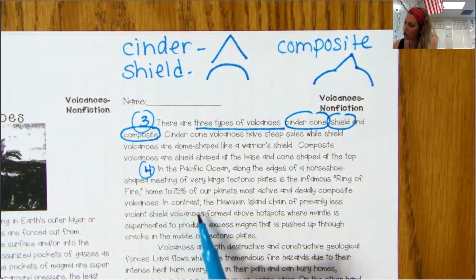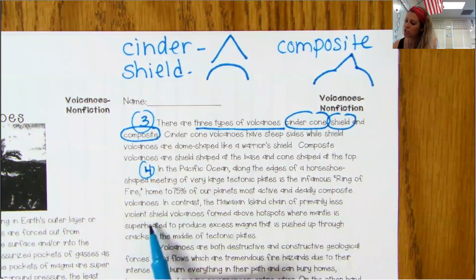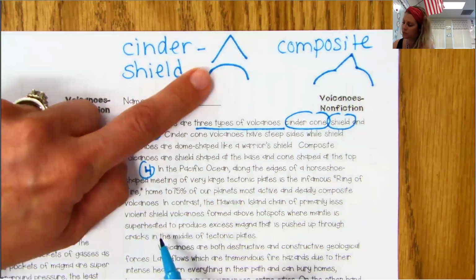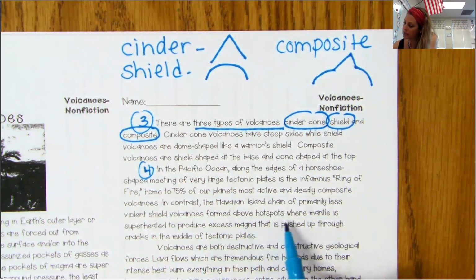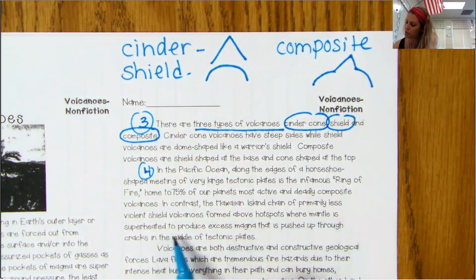In contrast, the Hawaiian island chain of primarily less violent shield volcanoes, so these ones, formed above hotspots where mantle is superheated to produce excessive magma that is pushed up through the cracks in the middle of the tectonic plates.